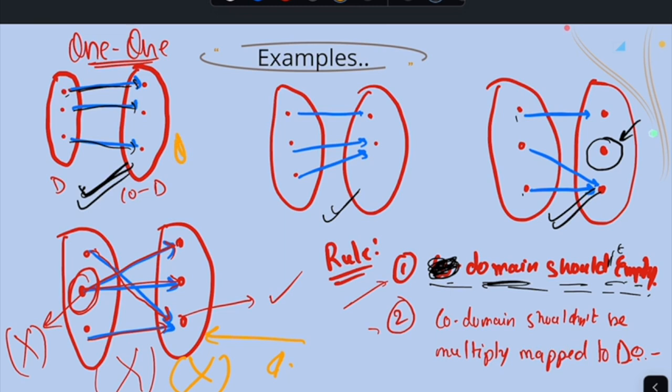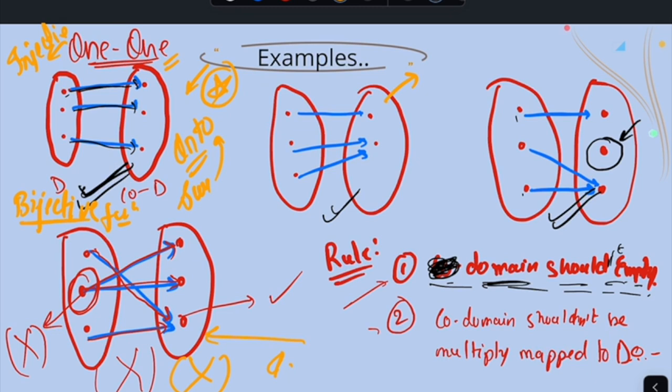It is an onto one-one function, and such functions, we can say, are the star of the function world. Onto means surjective, one-one means injective. A function which is both surjective and injective is known as a bijective function. What are they known as? Bijective functions.